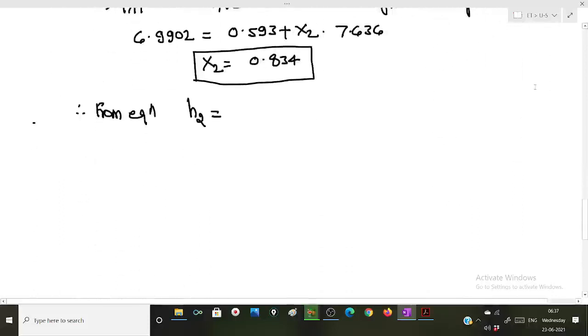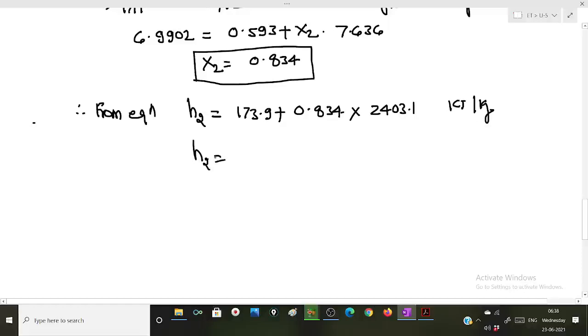So value of H3 we have 173.9 plus 0.834 into HFG P2, which is 2403.1 kilojoule per kg.